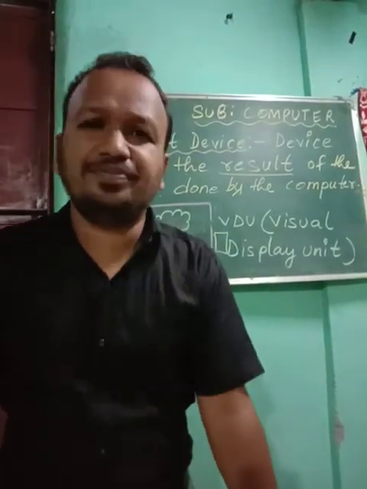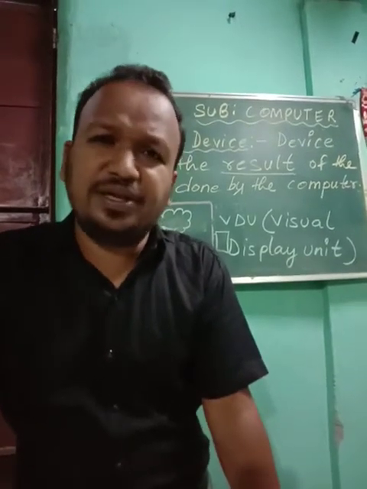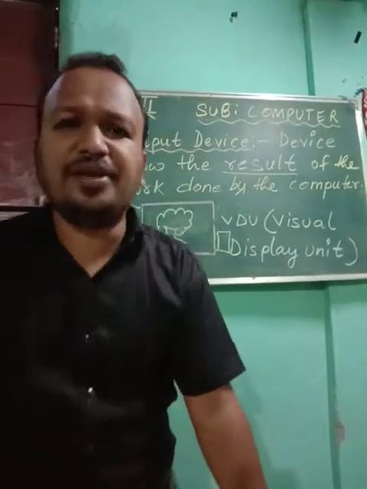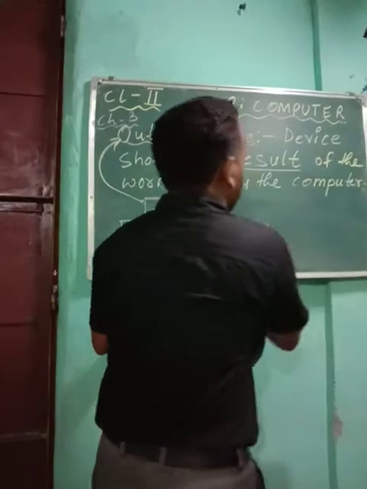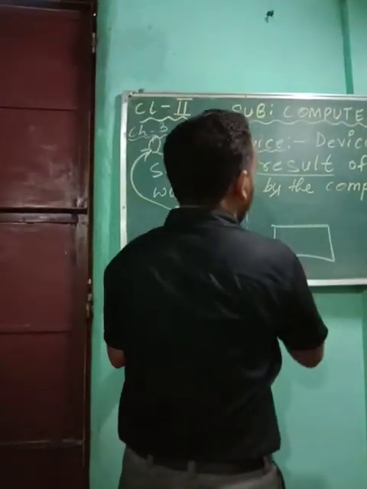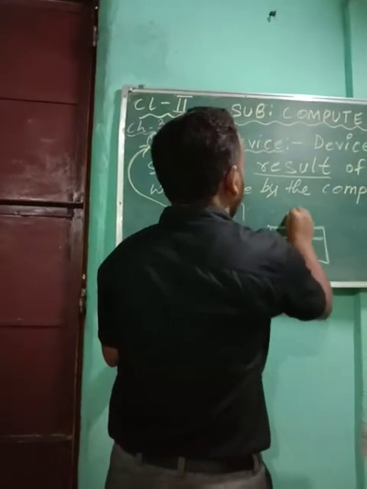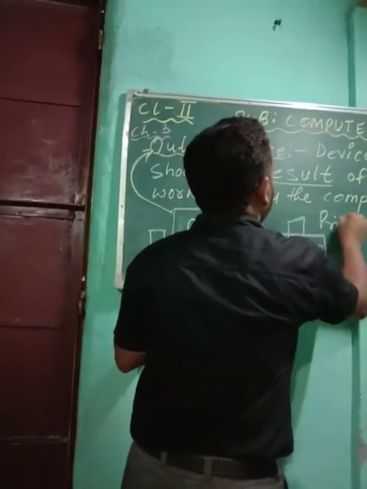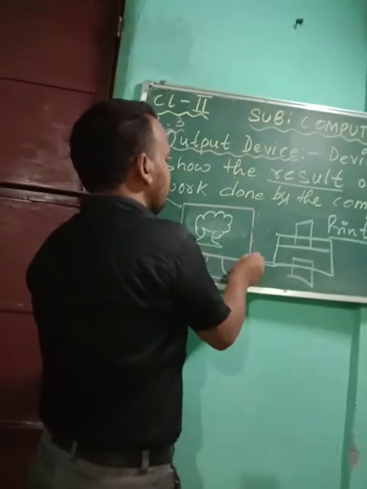Next is the printer. There are so many types of printers: dot matrix printer, inkjet printer, laser printer. Suppose in your home there is a printer, and this printer is connected with the computer.